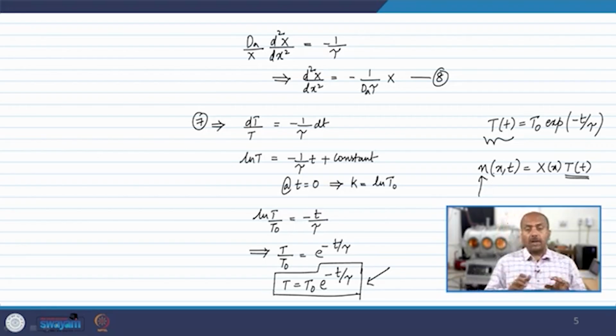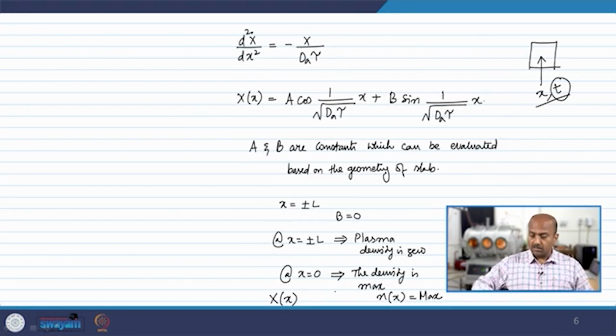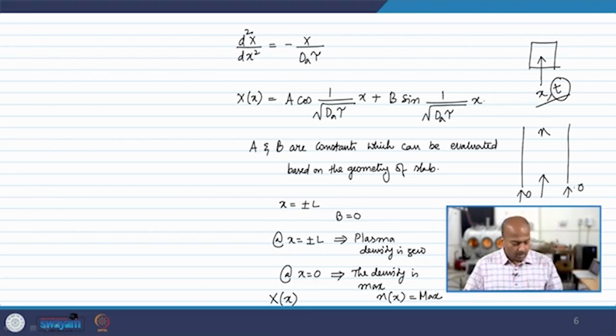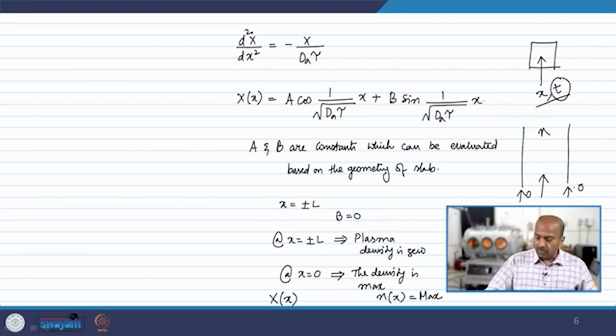So, that means that plasma density changes with respect to time in this exponential fashion, and with respect to the distance it changes like this. How does it change? At the middle of the slab, the plasma density n is maximum. On either sides, it is 0, right. So, this type of geometry simply requires the constant B to be equal to 0.